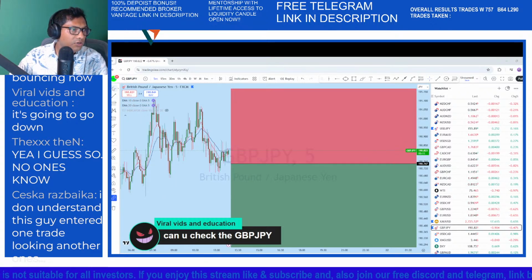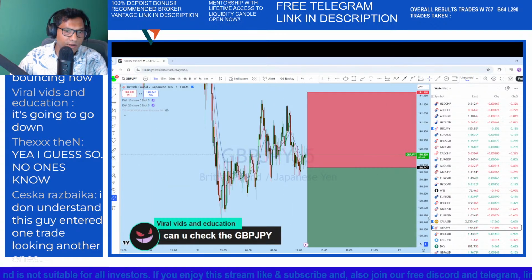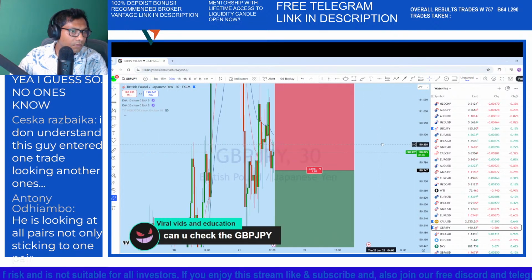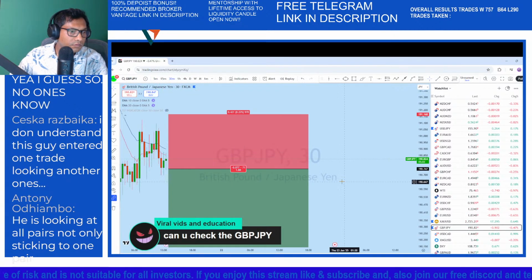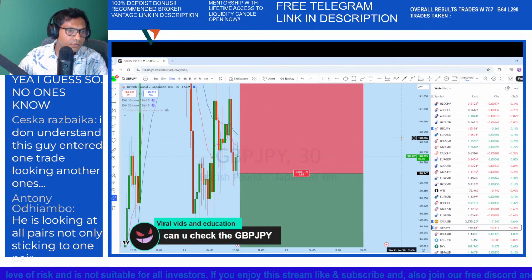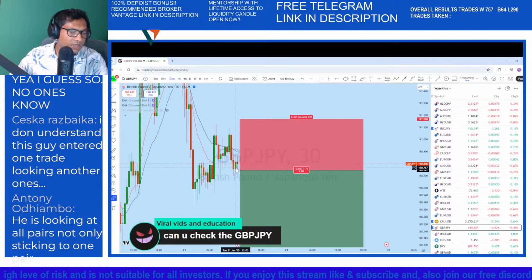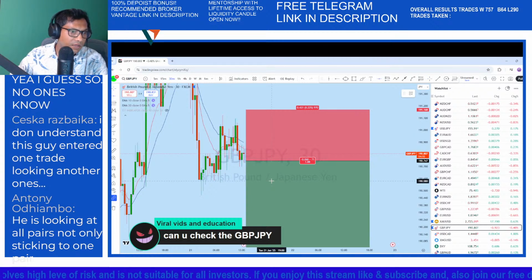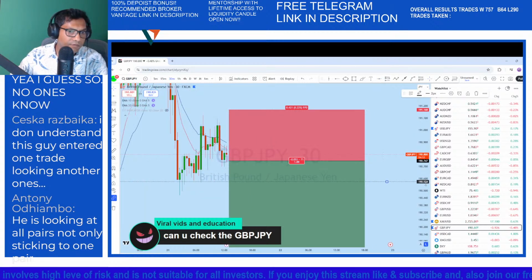Let's wait to see the market break below to create a new lower low. Want to see that it's coming here, at least to this support level, can give us some better setup.